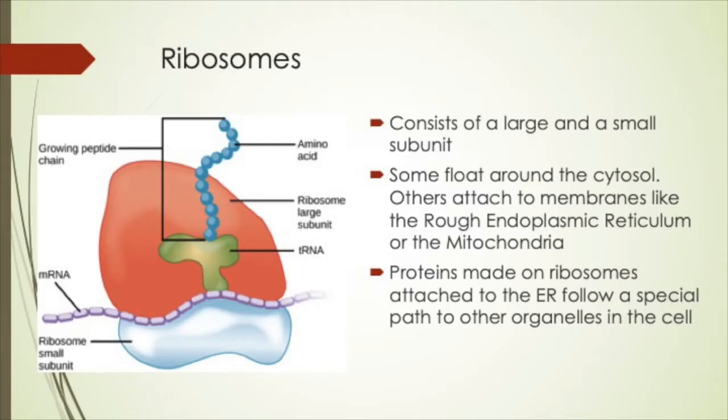Okay, next one, ribosomes. Ribosomes consist of a large and small subunit. So you have the large on the top, at least in this picture, and the small one on the bottom, right? It gets that mRNA through between each of them. And then it starts to code and makes the amino acid chain.